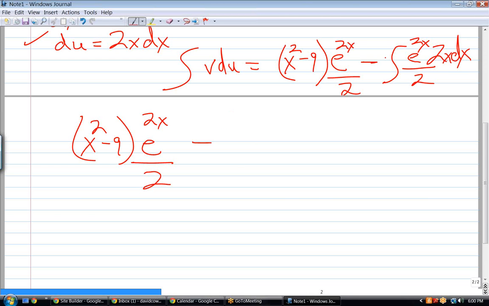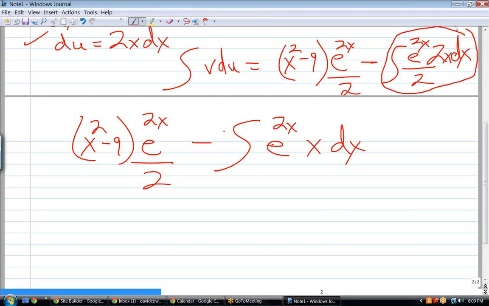So we still have an integral that we can't solve directly. We have to use integration by parts again. Let's take that 1/2. Well, these 2's cancel. So I really have e to the 2x times x dx. Right? That's what this equals. In other words, this 2 cancels with that 2. Okay. Now we got to do it again.